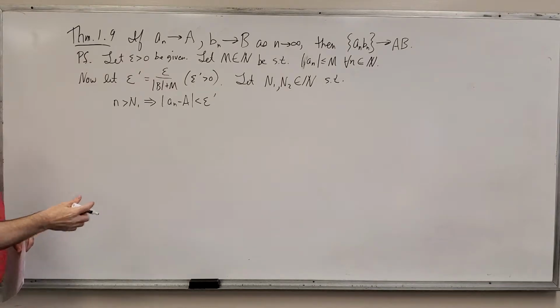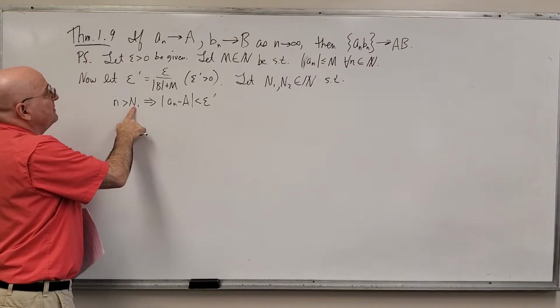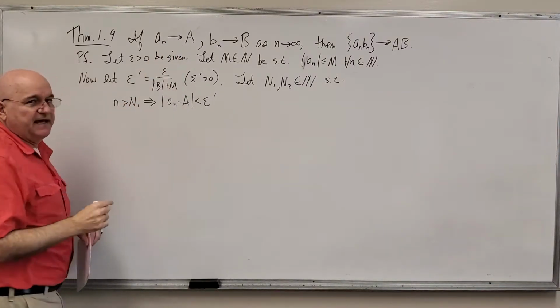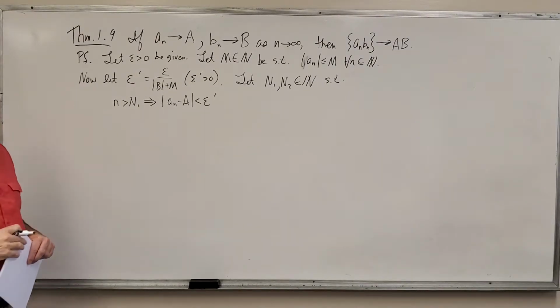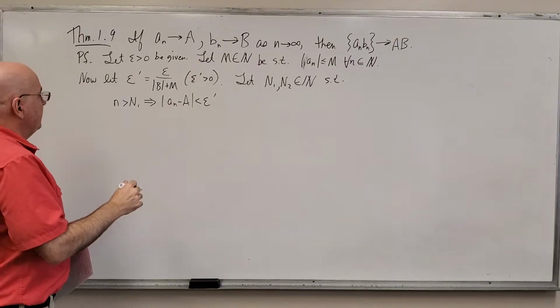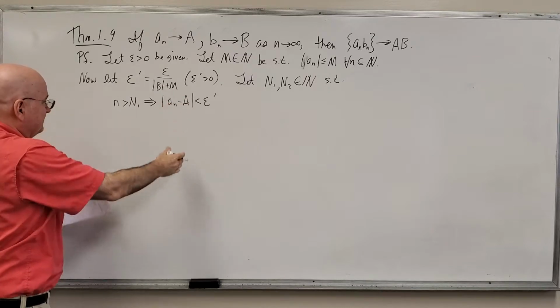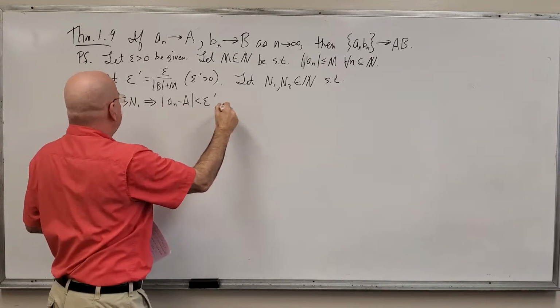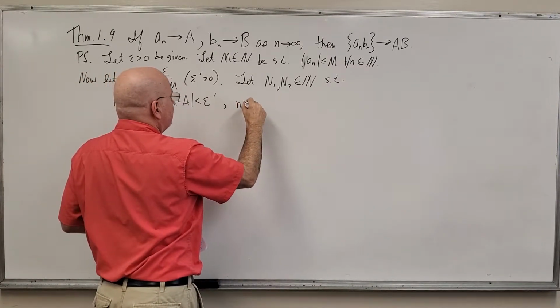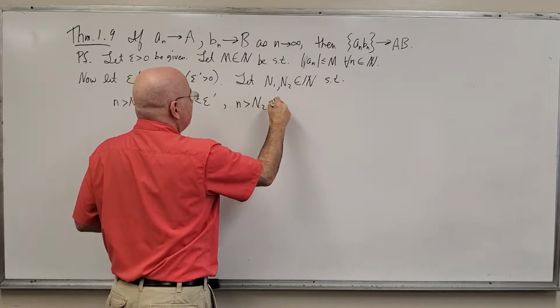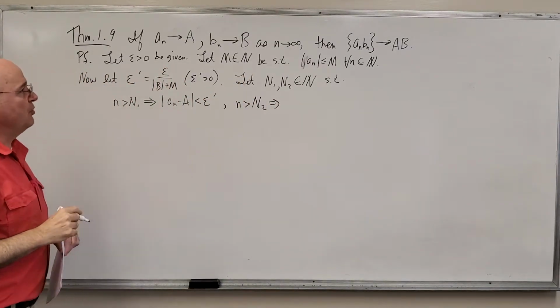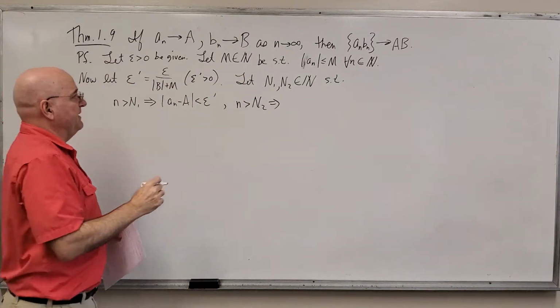Why are we allowed to do that? Why does that N1 exist? Well, simply because an converges to a. That's almost the definition of convergence. And I don't want to keep going down here, so I'm going to say, and n greater than N2 implies the corresponding thing for the sequence Bn.